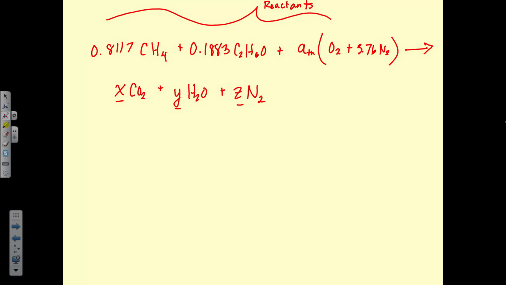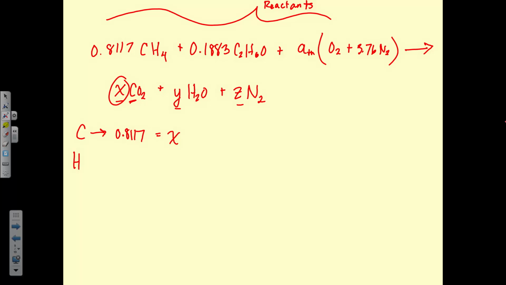Okay, so if we look at our carbon, we have 0.8117 on the reactant side of the equation is equal to, there's only one carbon here, X on the other side of the equation. So this X value will be equal to 0.8117.